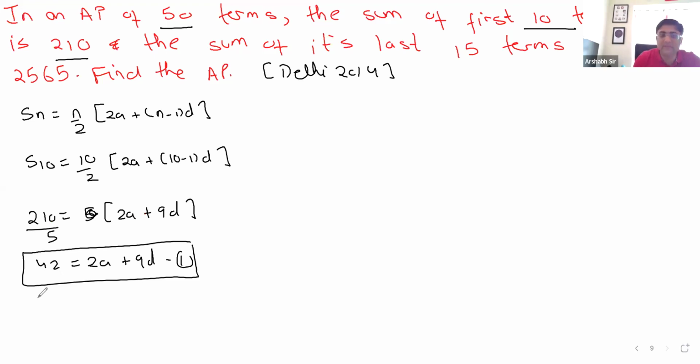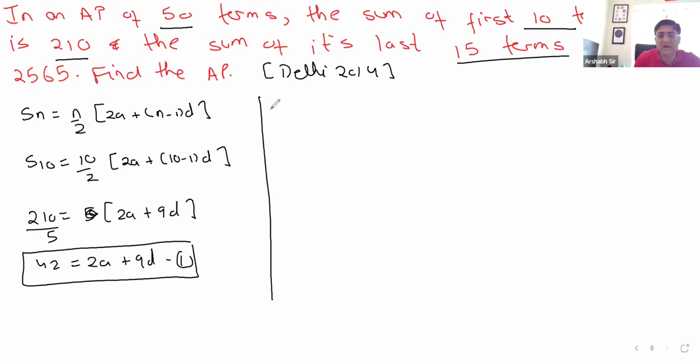Yes. Okay. Now the catch is the sum of its last 15 terms. अब देखो, अगर AP में 50 terms है, तो last 15 terms क्या होंगे? From which term to which term? तो कभी भी आपको ये निकालना हो, उसमें फॉर्मूला होता है n minus r plus 1th term.